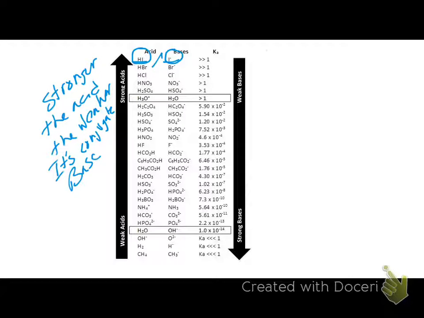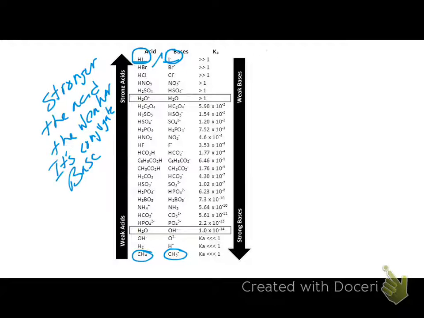All right, now we can see this vice versa then, as we get down to the bottom here where the bases are strong, so CH3 minus is very strong, it's going to form a weak conjugate acid. So CH4 is a very weak acid. All right, so the idea is this: the stronger the acid, the weaker the conjugate base.